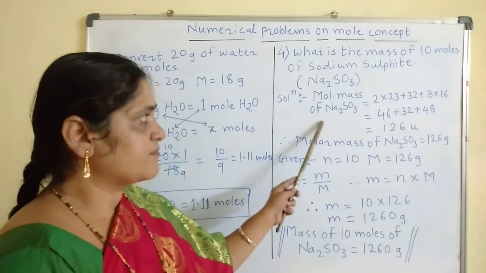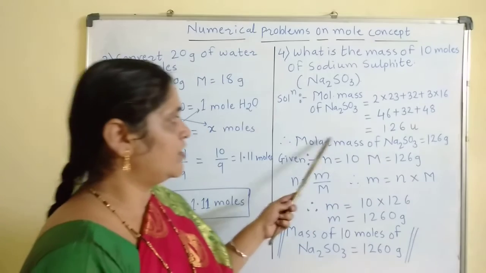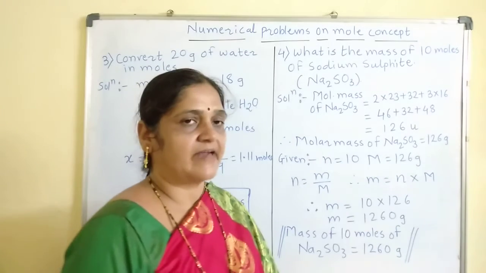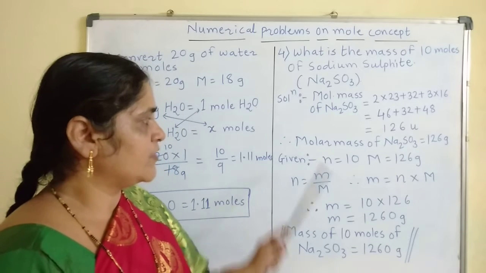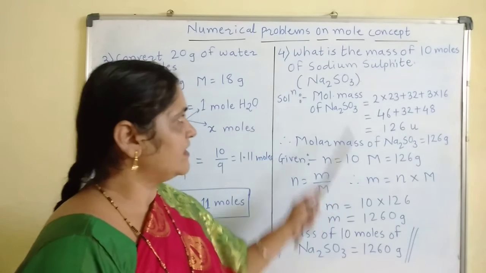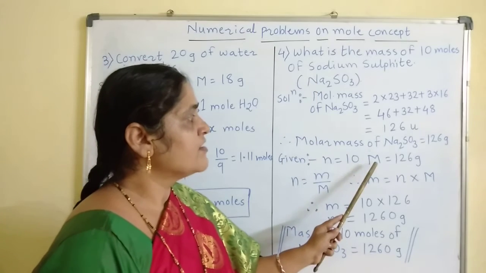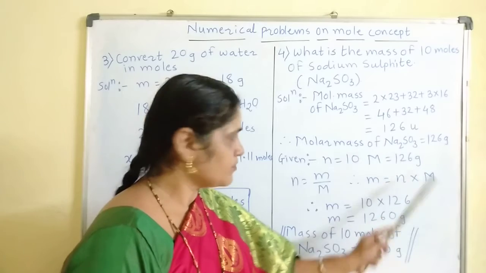Now, if this mass is converted into grams, then the molar mass of Na2SO3 is equal to 126 gram. So, now what is given in the numerical problem? The numerical problem has given us N is equal to 10 moles and given the molecular formula. So, from that we have calculated molar mass. So, molar mass capital M is obtained as 126 gram.